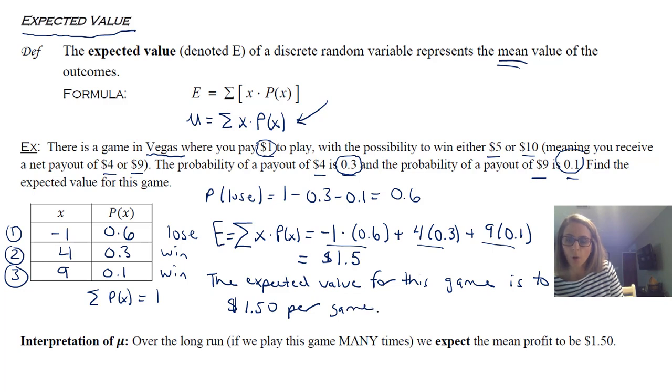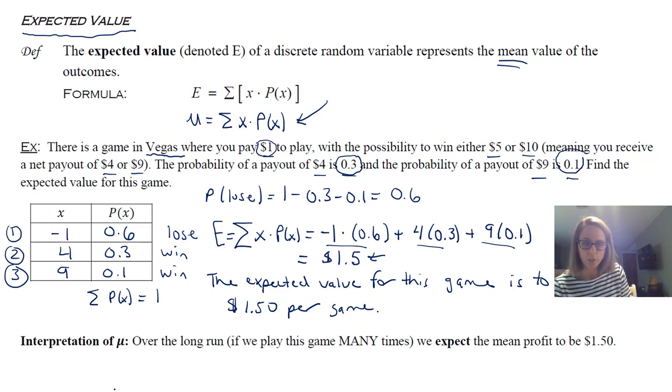Okay. So notice, because we did get a positive value here, that's the idea of winning. If the number was negative, you would expect to lose on average. Now you might say, but you can't win $1.50 per game, and that's true.